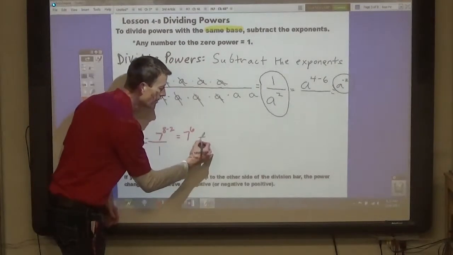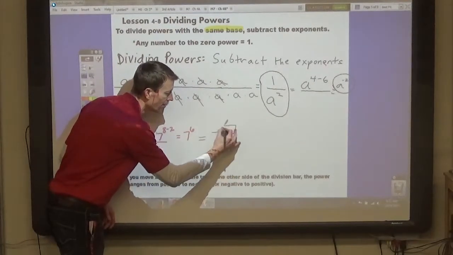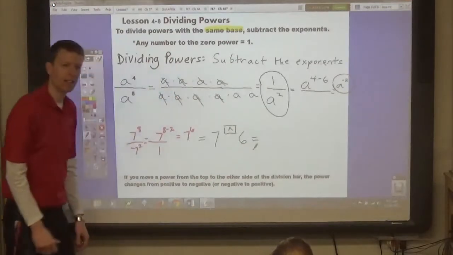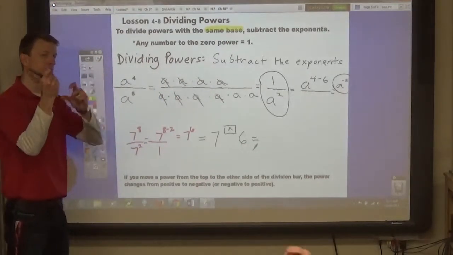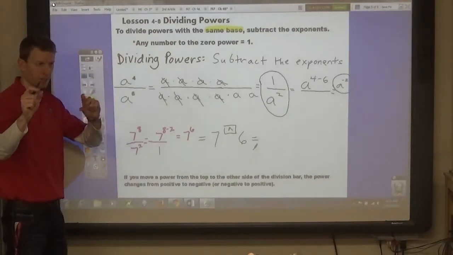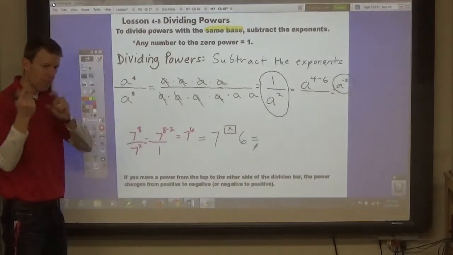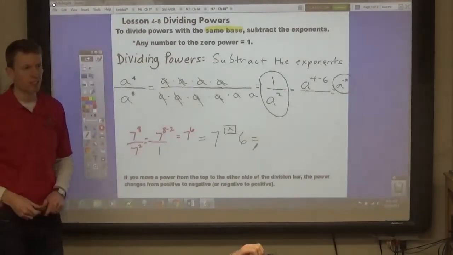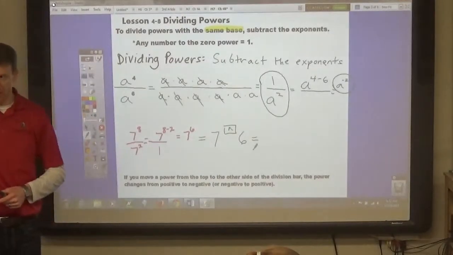And then put in 7 and then the caret and then 6 equals, and then you can get the answer. Rather than doing 7 to the 8th power divided by 7 to the 2nd power, and then figuring that out, you can subtract the exponents first, and you get the same answer. It's a shortcut, but you get the same answer. Okay?